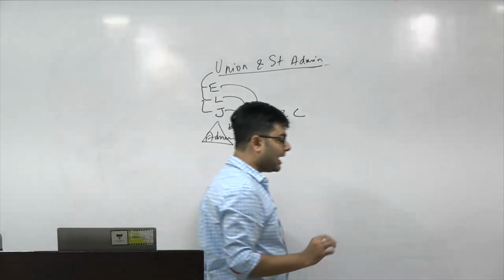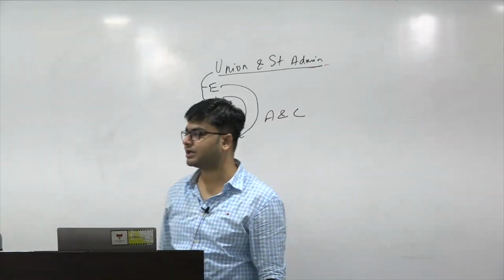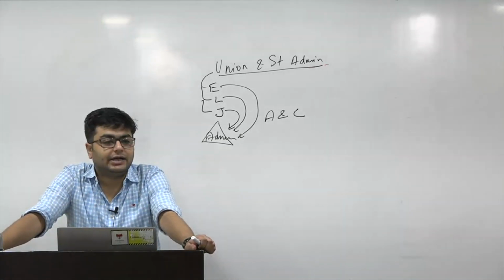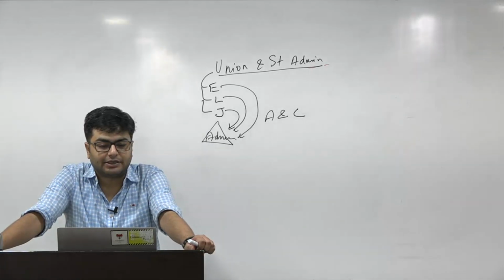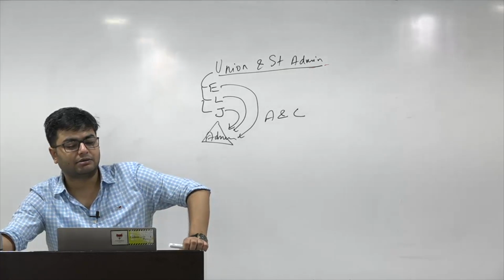So, experts argue that there are various powers which the president enjoys. For example, under Article 74, the aid and advice of the Council of Ministers, etc., says it's not binding on the president.